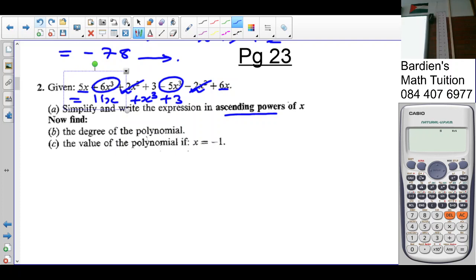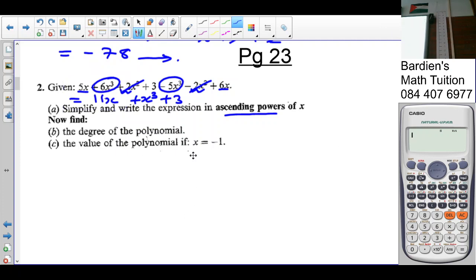So they want you to write it in ascending order. So ascending means from smallest to biggest. So which term has the smallest x exponent there? The 3. Why? Because there's no x exponent there, not so?